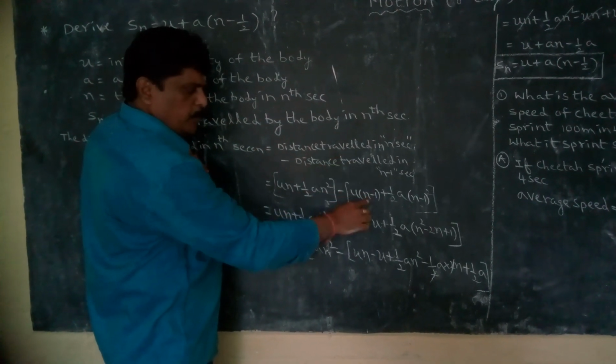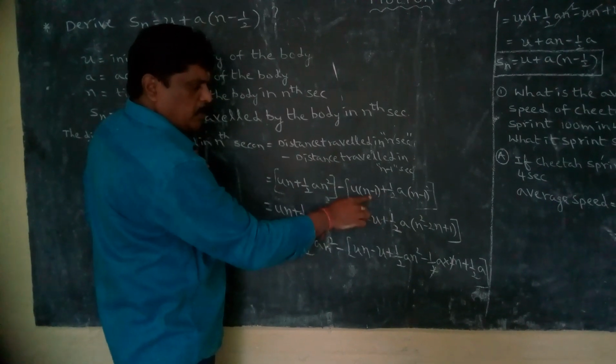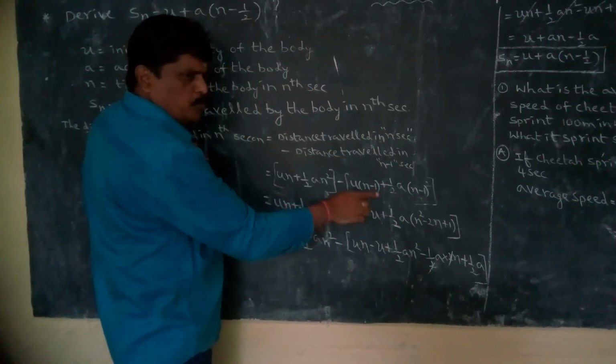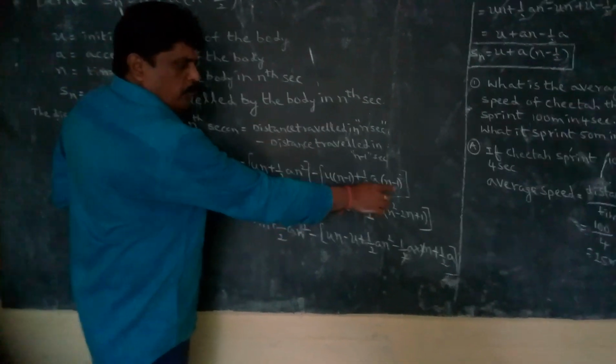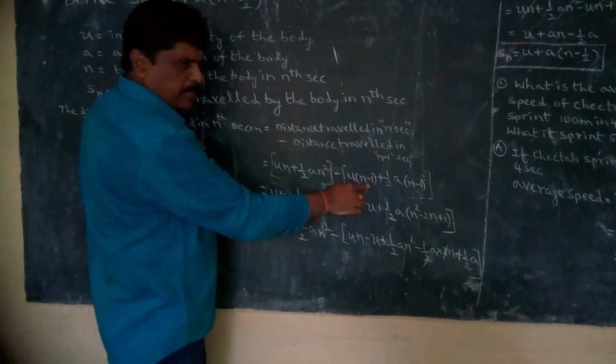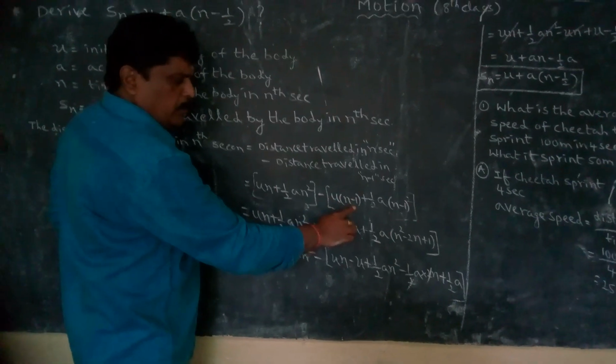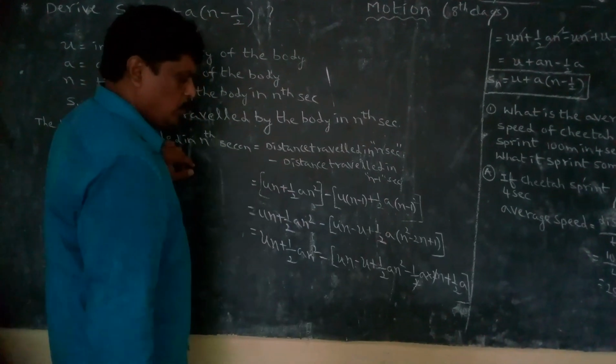So u into n minus 1 plus half a into n minus 1 whole square.